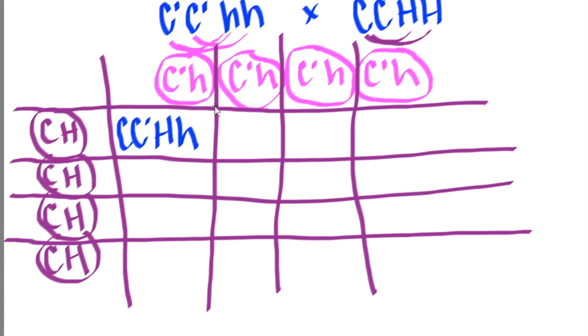Do you guys see this? So every one of these is going to be the same because all the gametes on the top are the same and all the gametes across the side are the same. So you can go ahead and fill out your table. I'm going to cheat and copy and paste it.